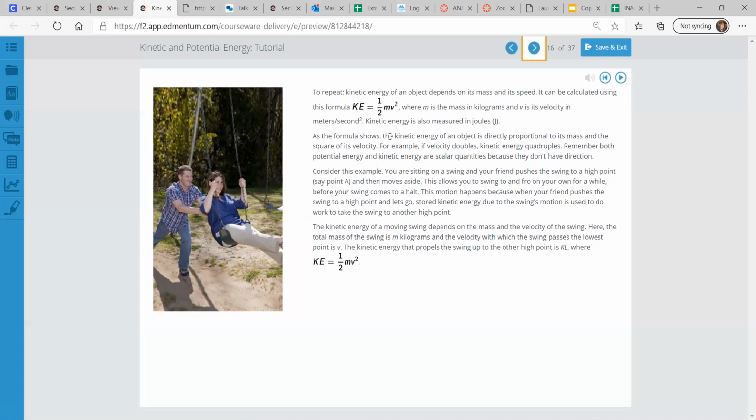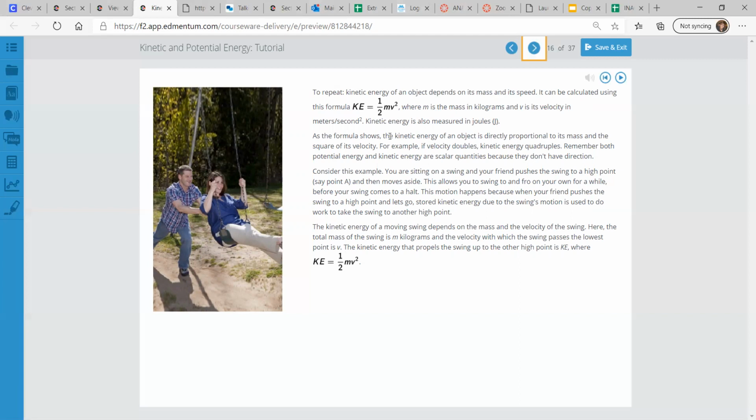Consider this example. You're sitting on a swing and your friend pushes the swing to a high point, say point A, and then moves aside. This allows you to swing to and fro on your own for a while before your swing comes to a halt.